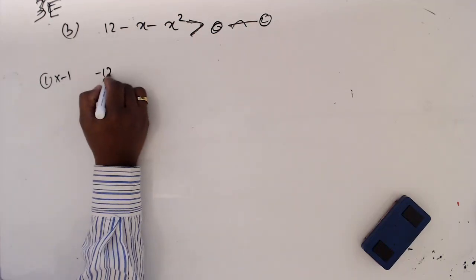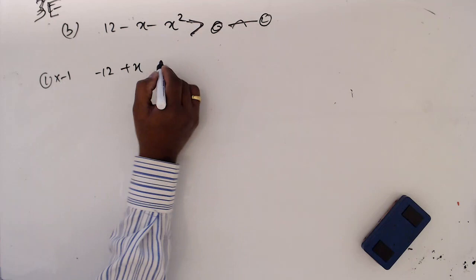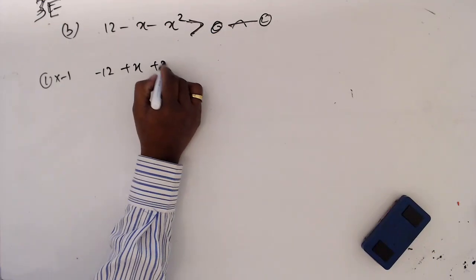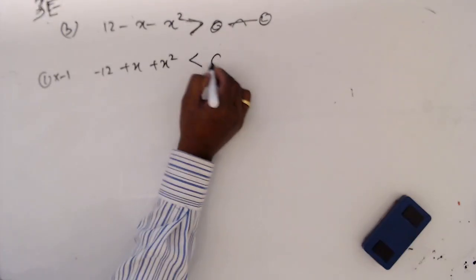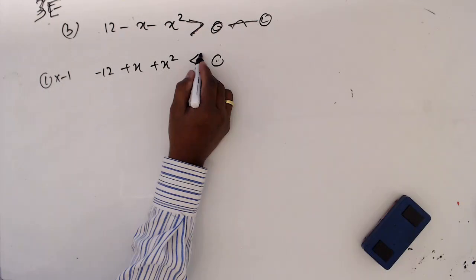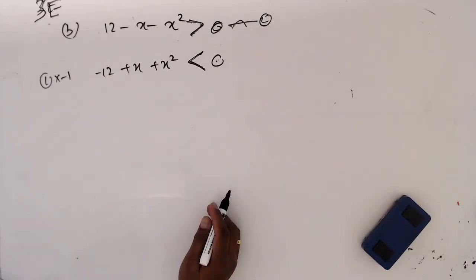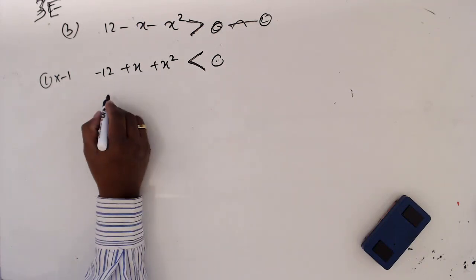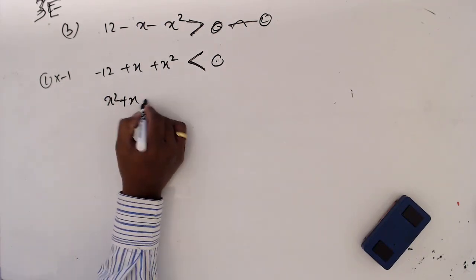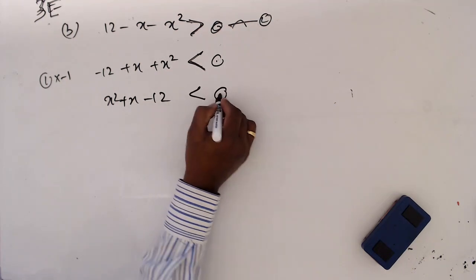Then this becomes minus 12 plus x plus x square less than 0. When you multiply by minus, the direction of the sign changes. Now I'll rewrite: x square plus x minus 12 less than 0.